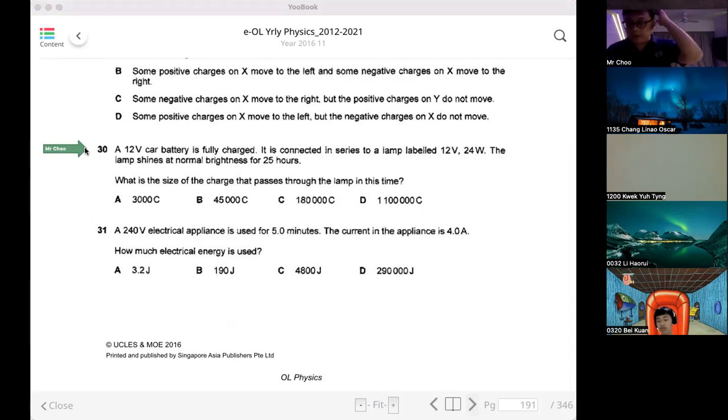Question 30, you haven't learned the thing yet. Let me share with you something first.